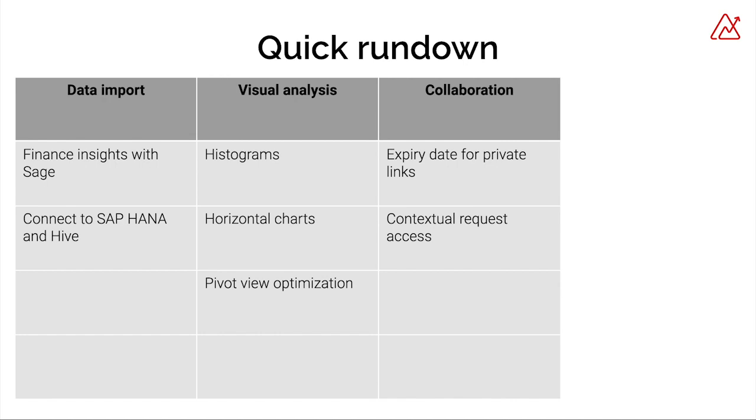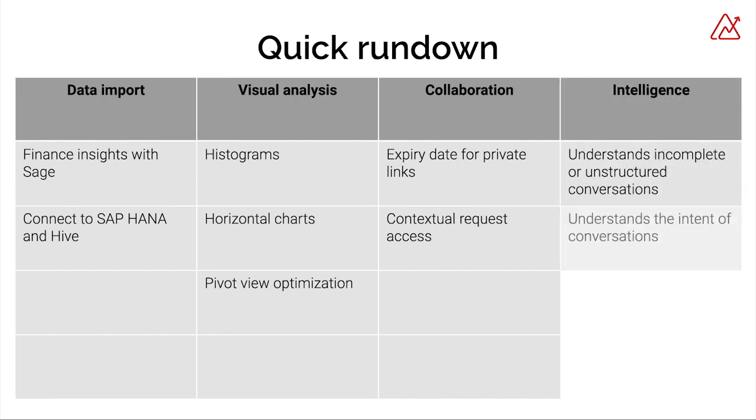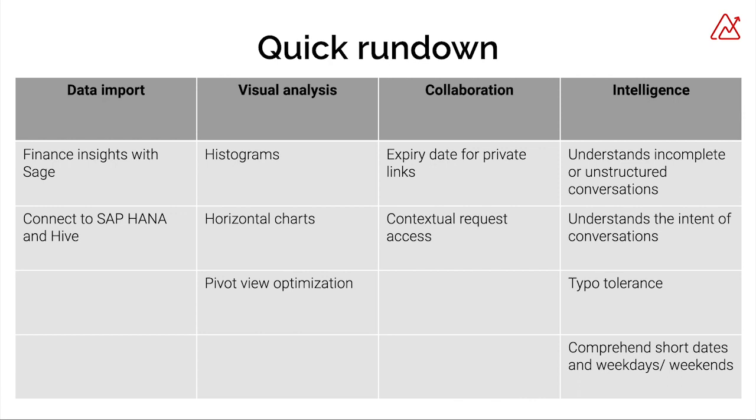And some of the key highlights for the day in the intelligence section is Ziya can now understand incomplete or unstructured conversations. It can understand the intent of your conversations. We also saw how Ziya can now understand typographic errors and give you the necessary insights. And also, Ziya can understand short dates like month on month, year on year, and also weekdays and weekends.